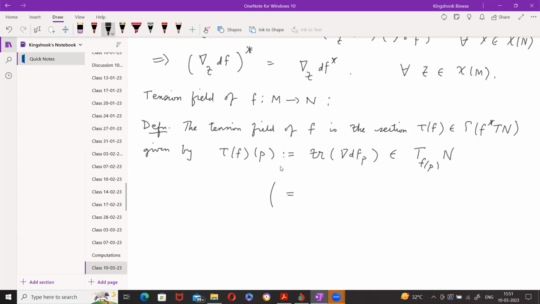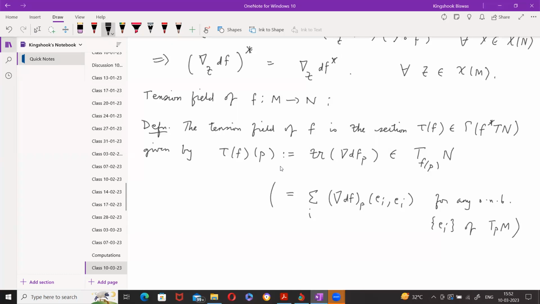This is going to equal the sum over i of nabla df at p of e_i comma e_i, for any orthonormal basis e_i of T_pM. Is this clear? Okay.